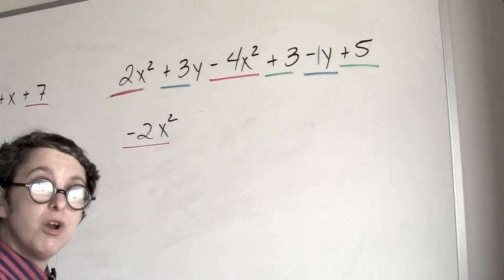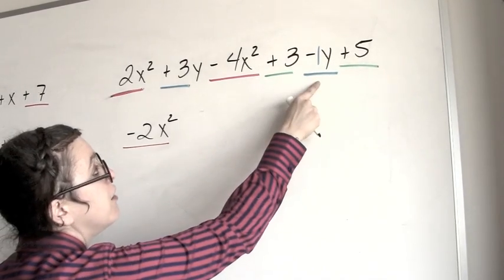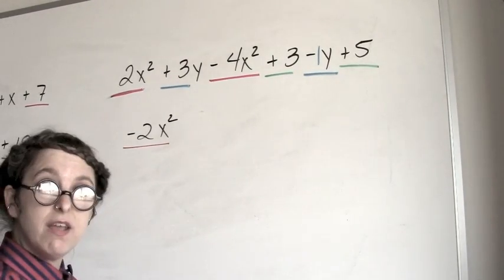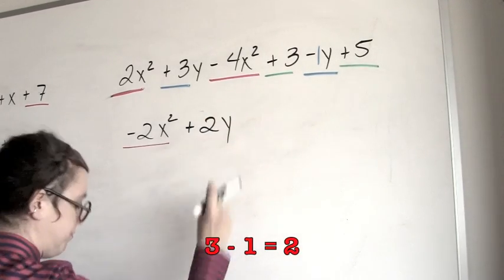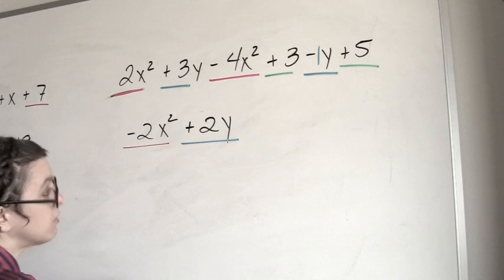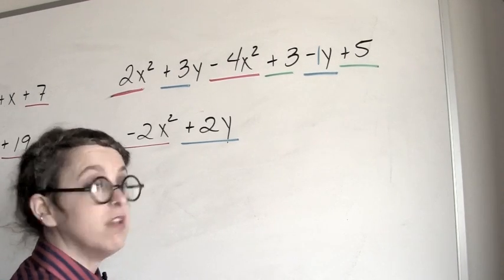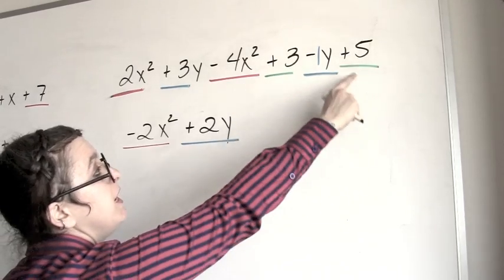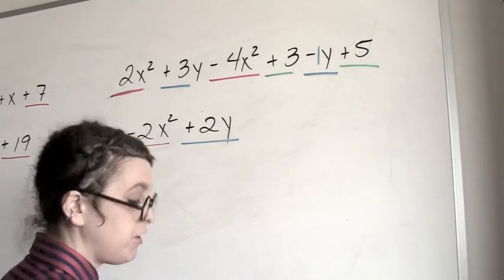Then we got our blue terms with the y's. We got 3y and negative 1y. So 3 take away 1 is 2, so we're going to have a positive 2y. So that's what became of our blue terms. Lastly, we have our constants. The green 3 and the green 5, both are positive, so add them up for an 8.